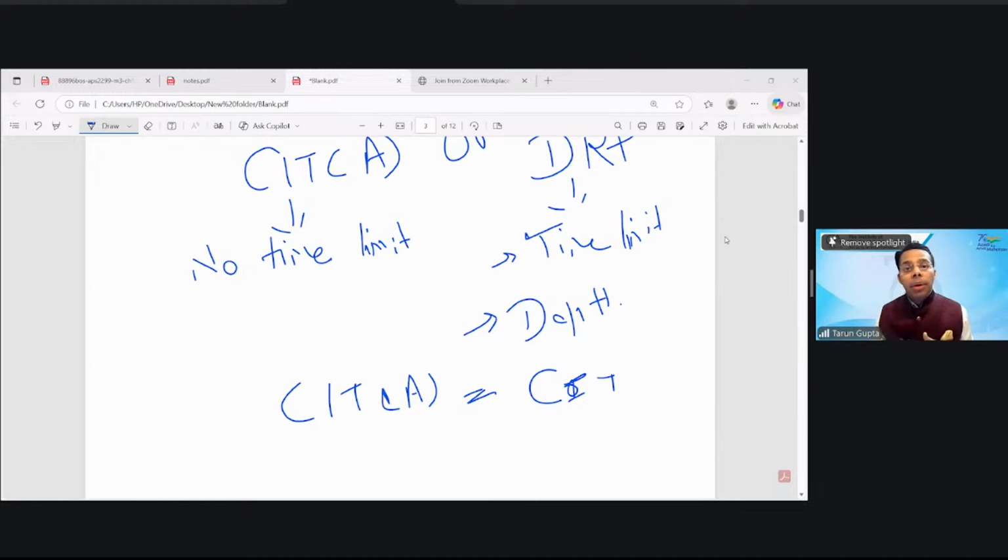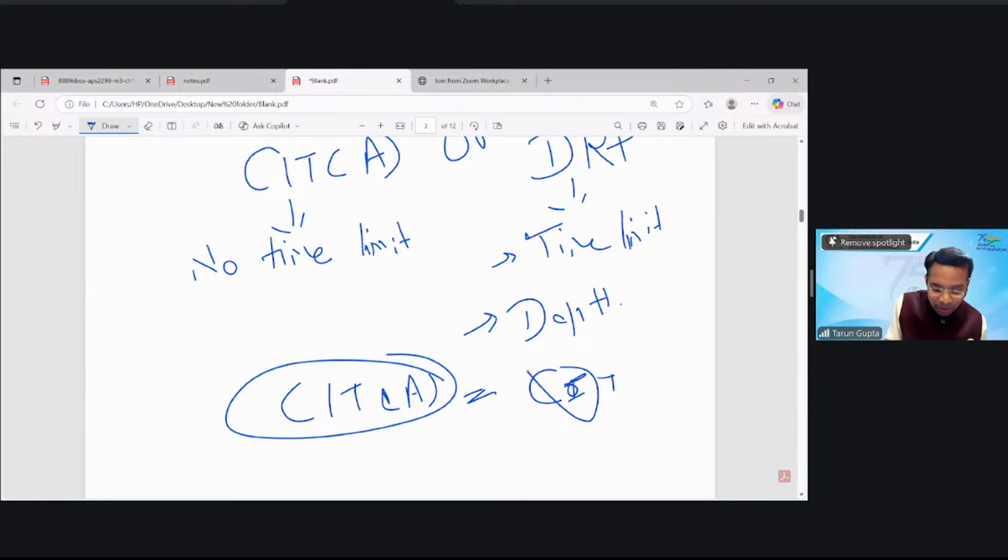Because the DRP consists of 3 commissioners. Commissioners are equivalent officers to the commissioner appeals. An appeal normally lies to a senior officer against an order of a junior officer. So against an order of a CIT, an appeal cannot lie to an equivalent officer, which is the CIT appeal.